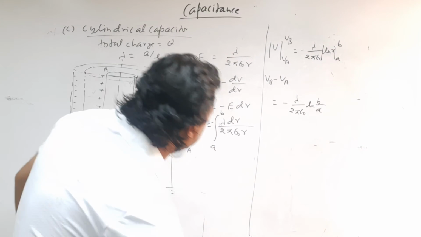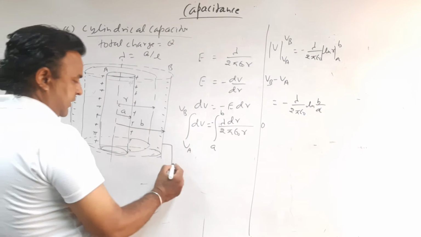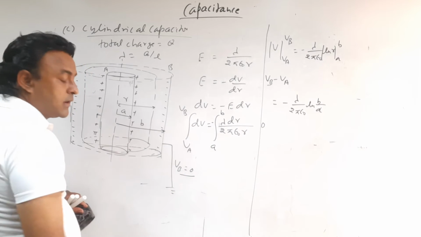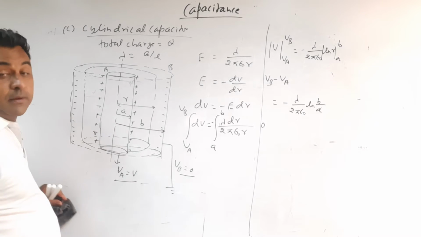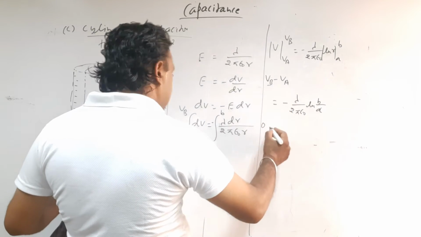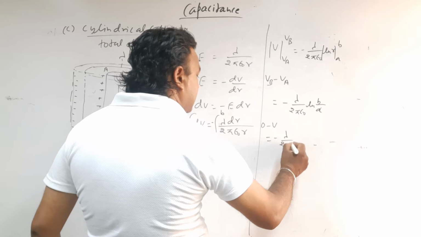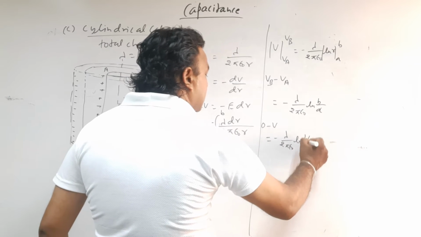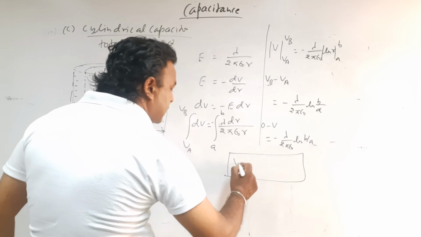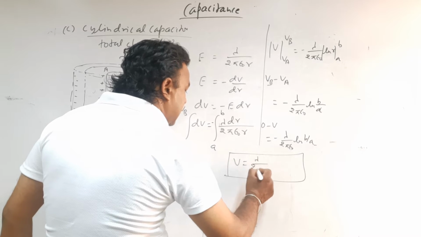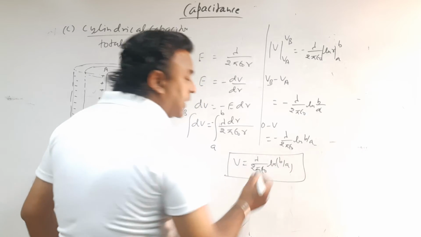Now VB is predefined, it is 0, because it is VB which is earth, it is 0, and this VA, let it be V. So VB is 0 minus V is equal to minus of lambda upon 2 pi epsilon naught ln B upon A. Finally, I have V is equal to lambda upon 2 pi epsilon naught ln B upon A. Got it?